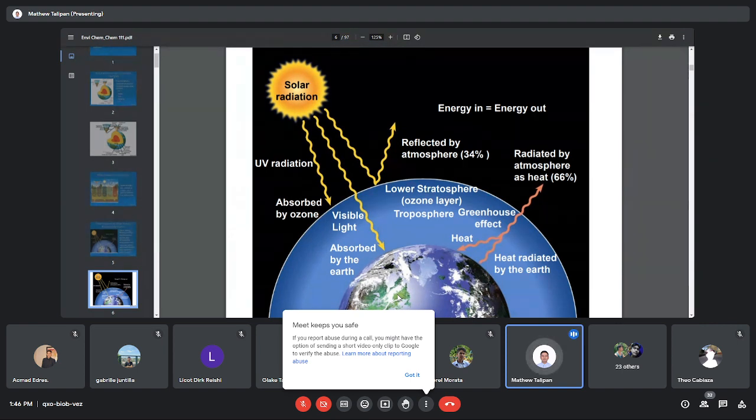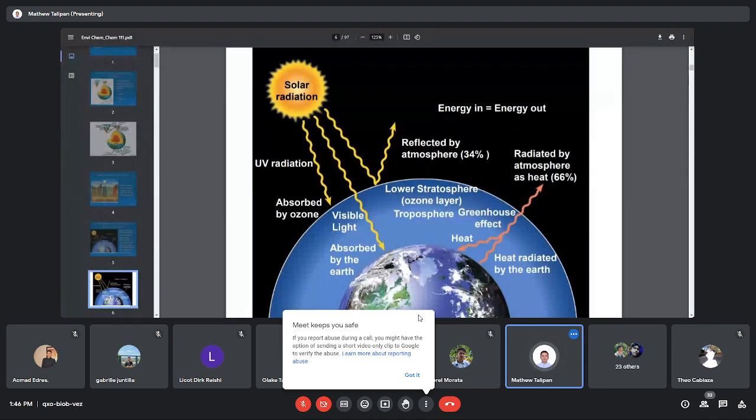So UV is a highly ionizing form of radiation which can cause skin cancer, for example, and other health effects. So that's why the role of the ozone here in the lower stratosphere is very important. Now, this decomposition of ozone into diatomic oxygen and free radical oxygen is in steady state with the Chapman cycle.